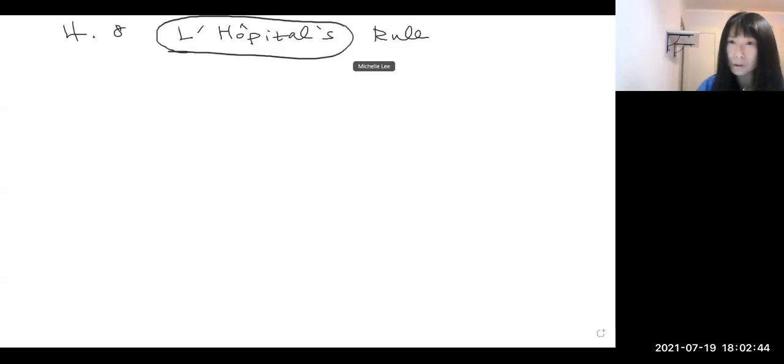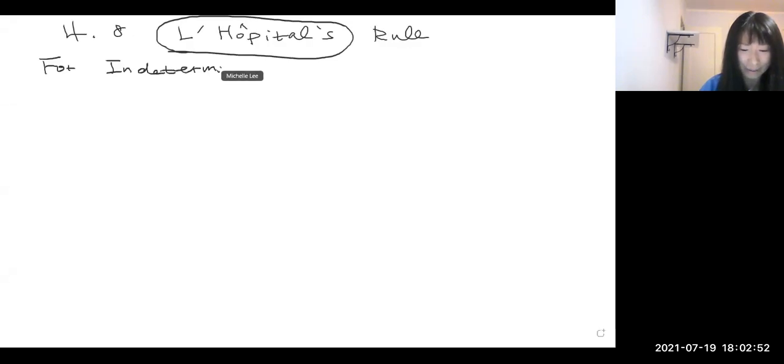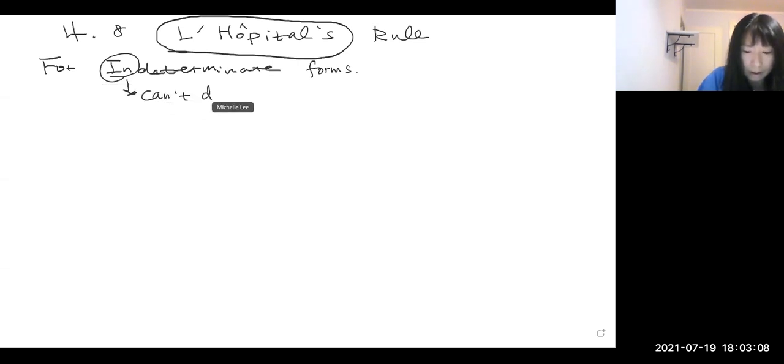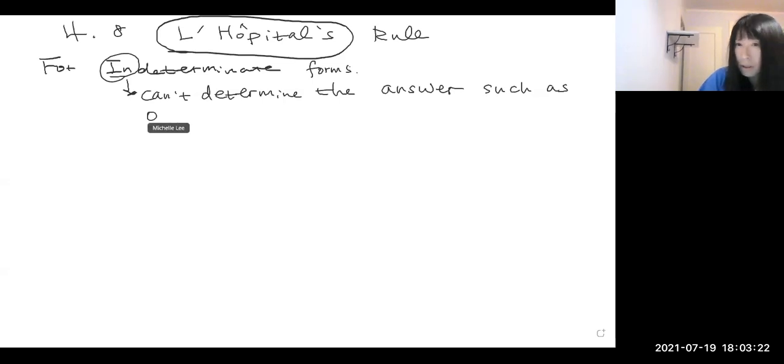Okay, we are using this rule for indeterminate form. Okay, so indeterminate form means we cannot determine, right? Because in there, we cannot determine the answer, such as we have a 0, right?